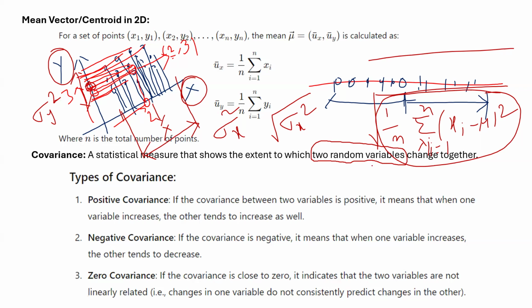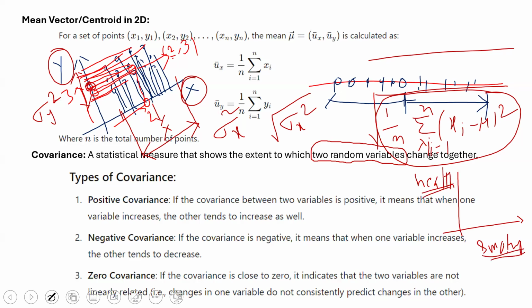If you take an example, let's suppose one random variable is smoking, and the other random variable is health. If a person is smoking more, his health condition would be critical.